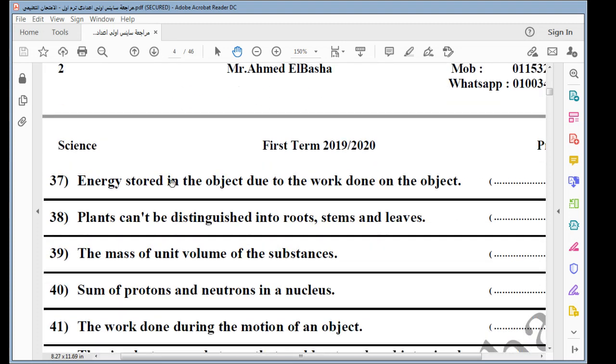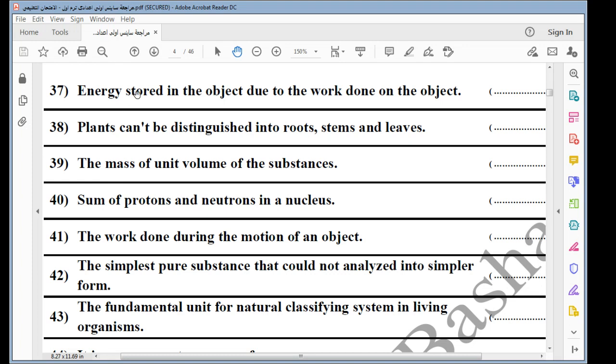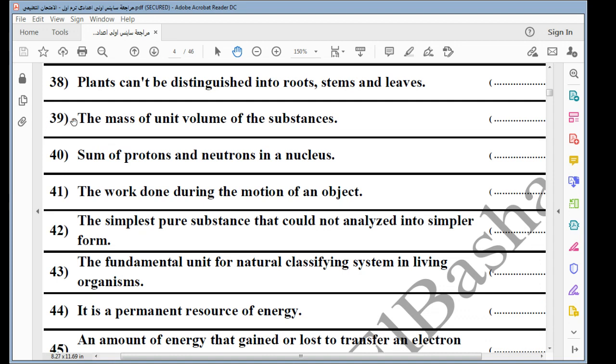Number 37. Energy stored in the object due to the work done on the object. Of course, this is potential energy. Number 38. Plants can be distinguished into roots, stems and leaves. Of course, what is this? This is called algae. Number 39.